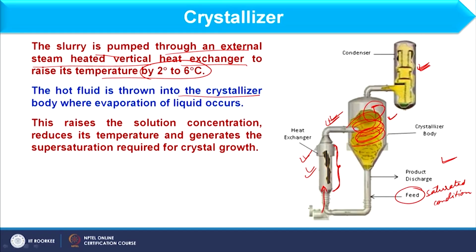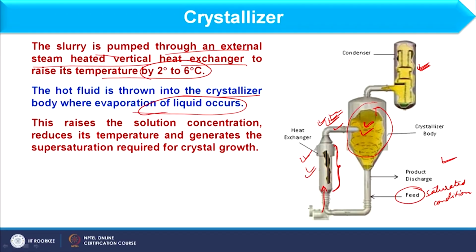So, you see when the hot fluid which is available after the heat exchanger is thrown into the crystallizer body, evaporation of liquid occurs, because as I told you, the temperature here is lesser than the temperature available over here. So, this feed basically comes across at a temperature lesser than the feed temperature in this vessel, and because of this reduction in temperature the evaporation takes place.